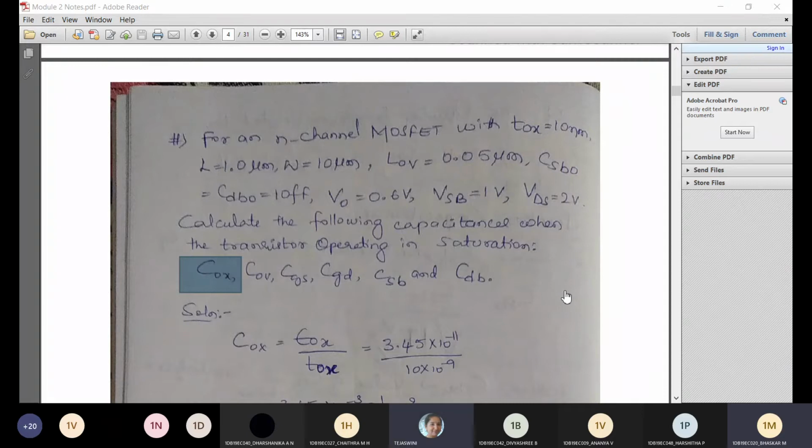Okay. Same, Ashita? Yes, ma'am. Okay, what is the COV value? How much did you get COV? COX is 3.45 into 10 power minus 3 farad per meter square.